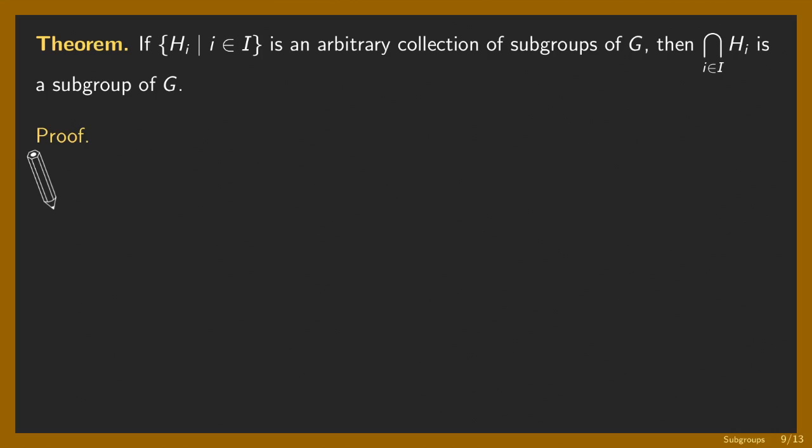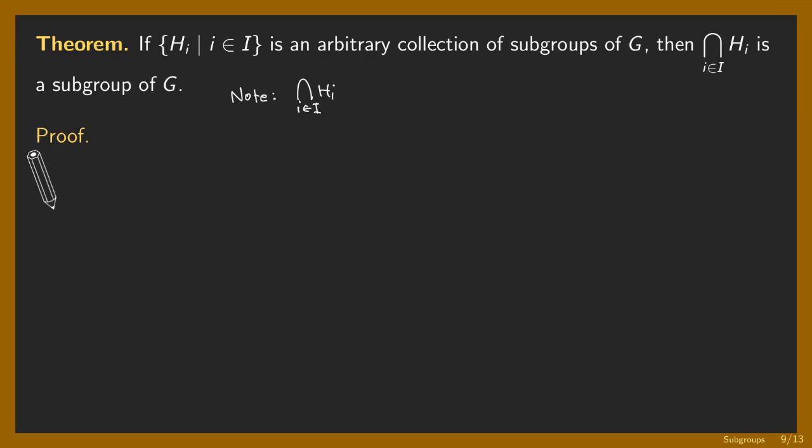So first of all, before we prove, what do you mean by this notation? This notation means this collection H_i is indexed by big I. So however many elements I has, that is how many subgroups there are in the collection.